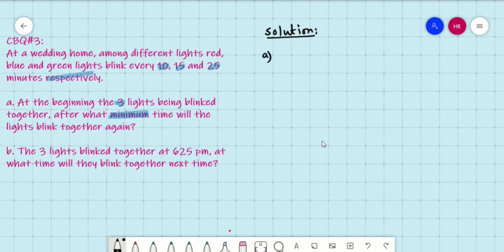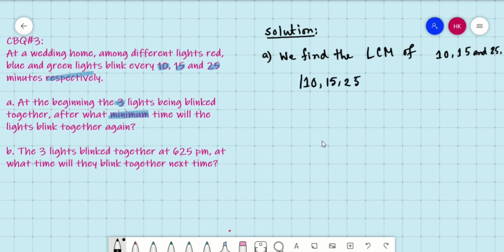Question number A, we find the LCM of 10, 15 and 25. So we write the Euclid system 10, 15 and 25. There is only one even number, so we just try the next prime number, that means 5, the minimum prime number which can divide all the numbers.